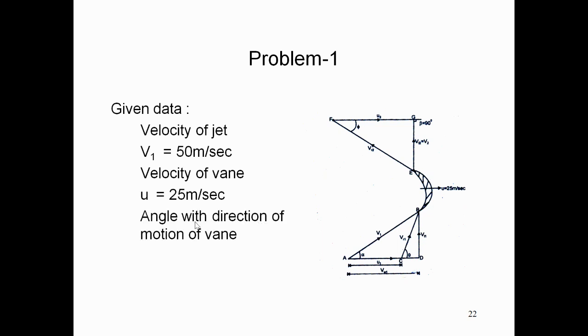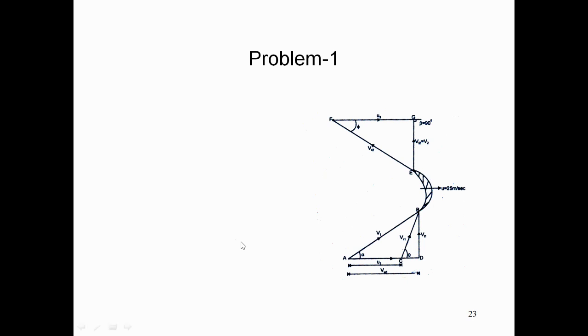Next, angle with direction of motion of vane, that is alpha, is equal to 30 degrees. Next, radial outlet means beta is equal to 90 degrees.